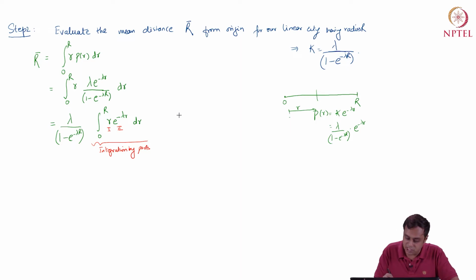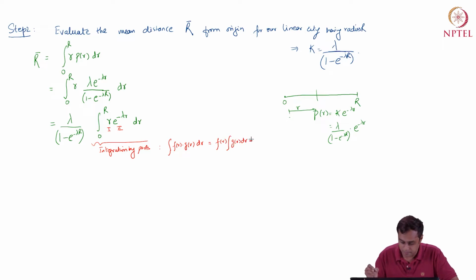And we know that integration by parts is nothing but: if you have an integral of a function f of r times a function g of r, multiplied with each other, and you must integrate them with respect to r, what you have is f(r) times the integral of g(r) dr, minus the integral of the derivative of f with respect to r multiplied by the integral of g(r) dr, the whole thing integrated with respect to r. So I'm going to simply apply this formula here.